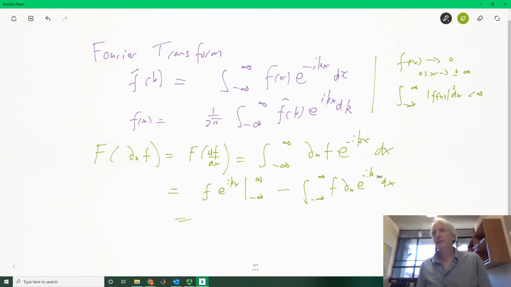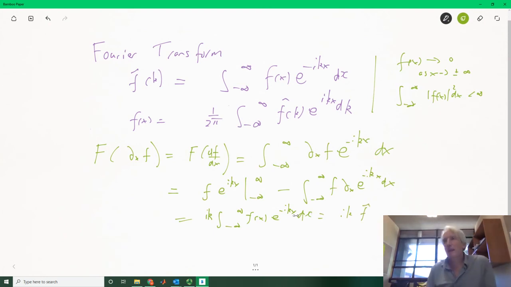And then the derivative of this is minus i k, so we end up with the integral from minus infinity to infinity of i k, which can come out, f of x e to the minus i k x dx, which is equal to i k times f hat.